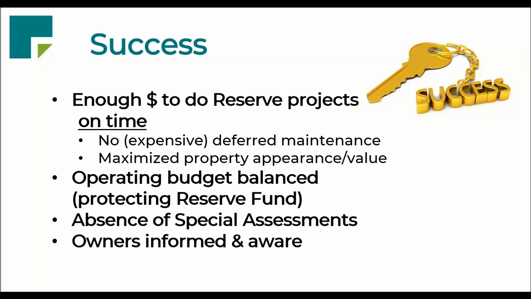And success looks like an operating budget that's balanced, that includes adequate reserve contributions, and that you're protecting the reserve fund in the ways that you operate it, and your policies and the choices that you make to spend those reserve funds. Your community is successful if you're not having special assessments.